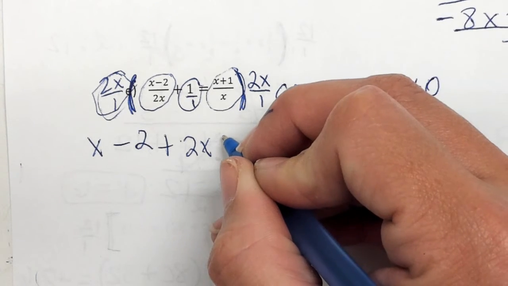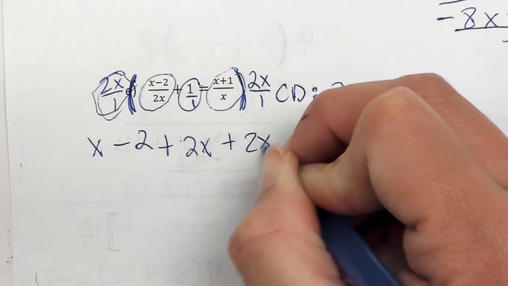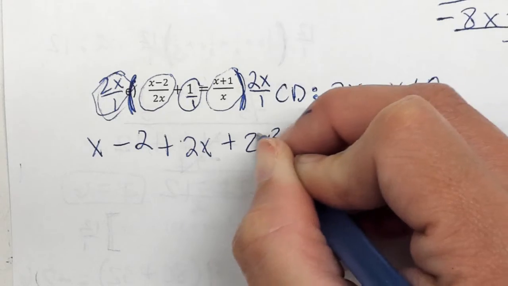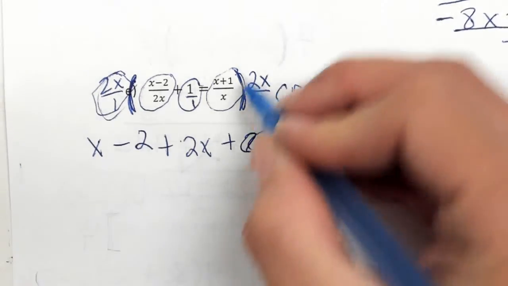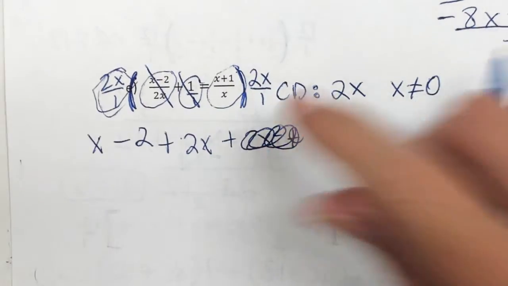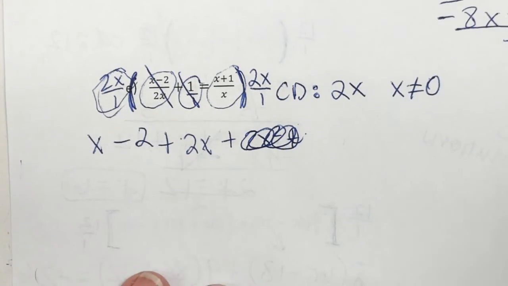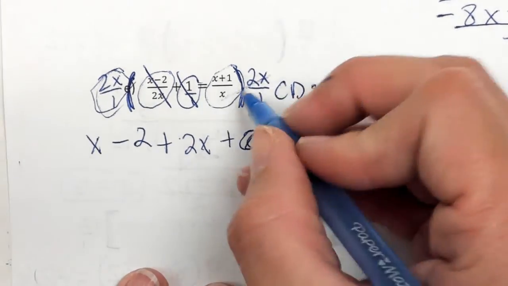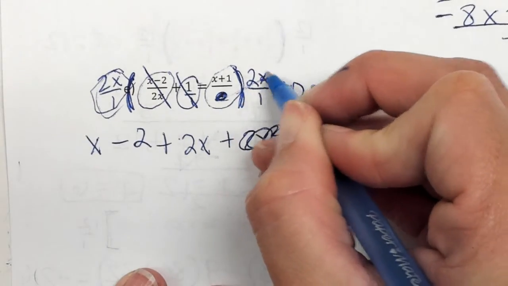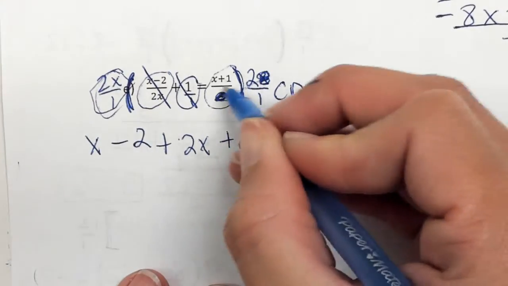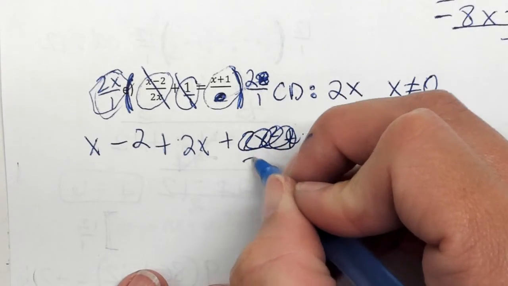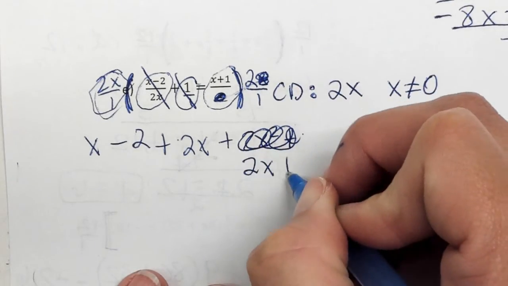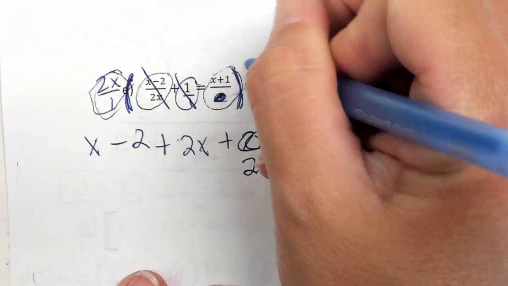Alright, you're multiplying these two terms, right? Let me just cancel everything else out. What could cancel out right here? The x's, good. So now when I multiply 2 by this, I'll get what? 2x plus 2. Good. You distribute these to these two.